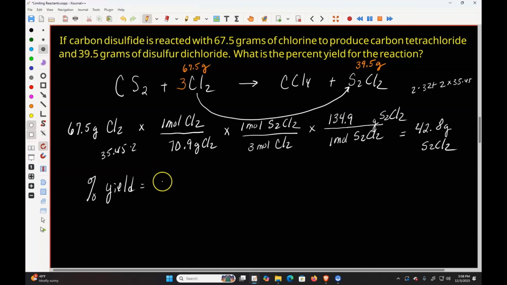The formula for percent yield is the actual yield divided by the theoretical yield times 100.